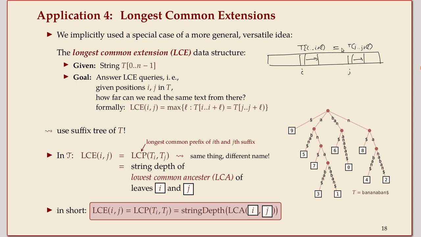So if these are the same, well, that means that the suffixes of the text t_i and t_j share a common prefix, and L is the length of this longest common prefix. So this equality is not surprising. Essentially, the 2 things are the same. They're just using a different name because they come from a different perspective.